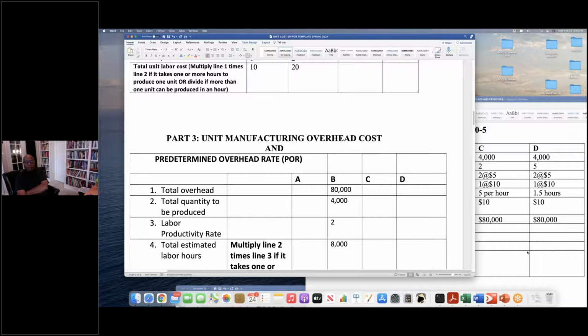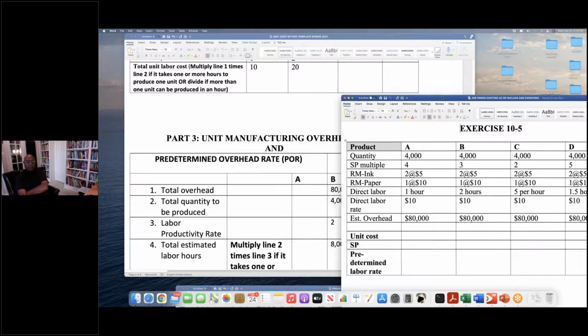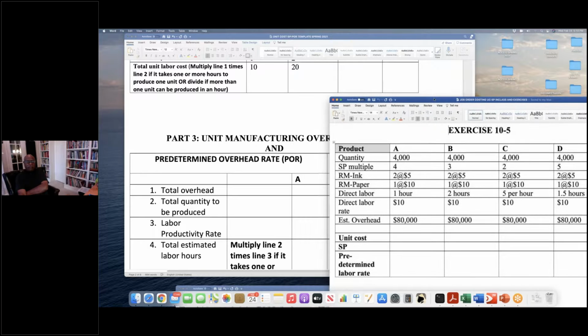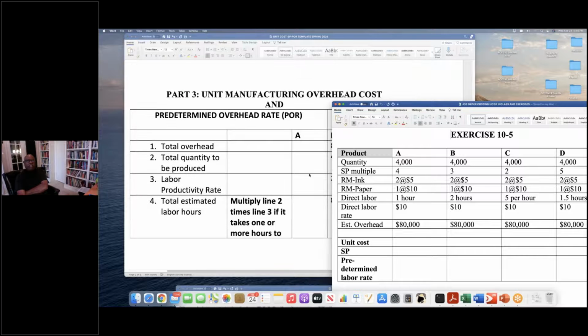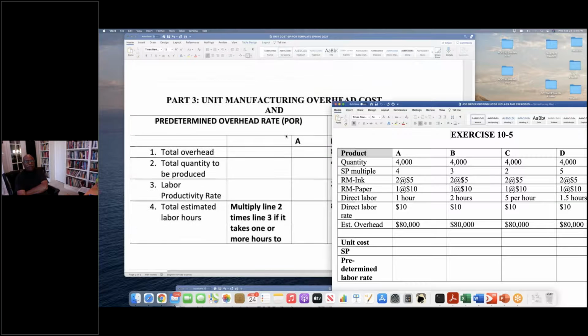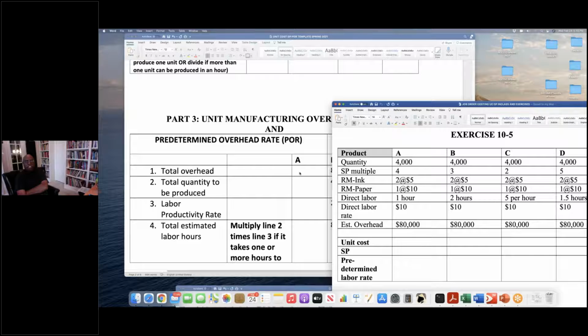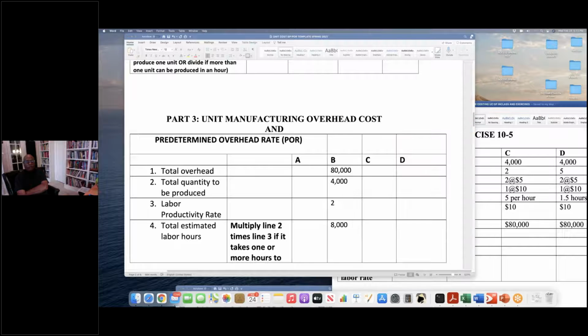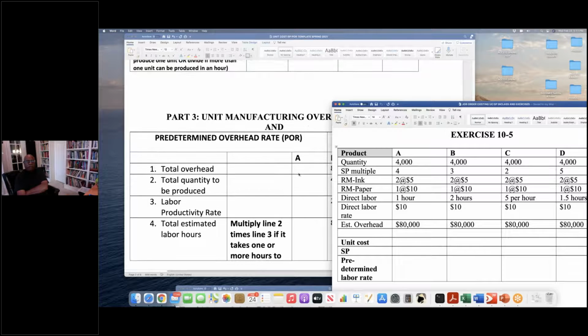So now we're going to get the last part, what was it called? Unit manufacturing overhead costs and predetermined overhead rate. What goes on the first line? 80,000. So that's the 80,000 overhead.